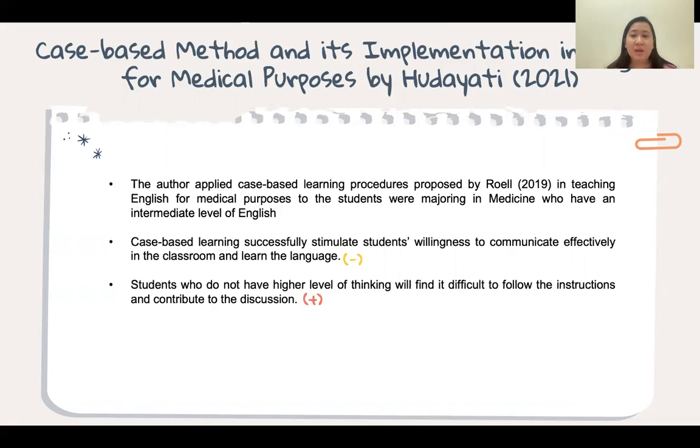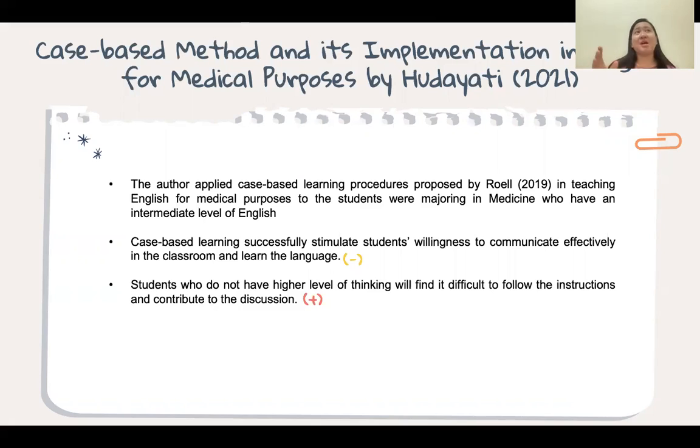And from this study, we have a result that case-based learning successfully stimulates students' willingness to communicate effectively in the classroom and learn the language.